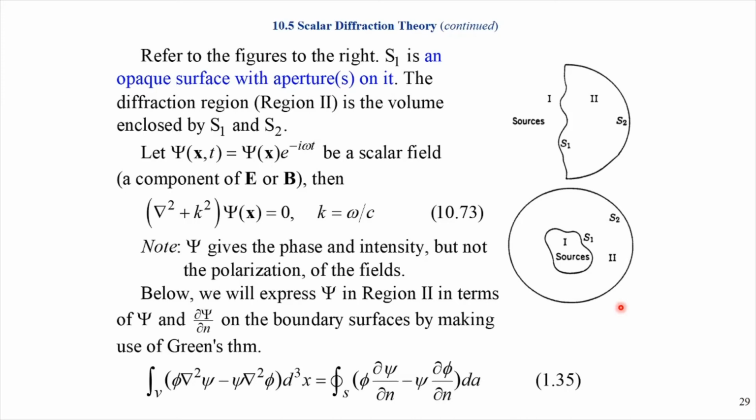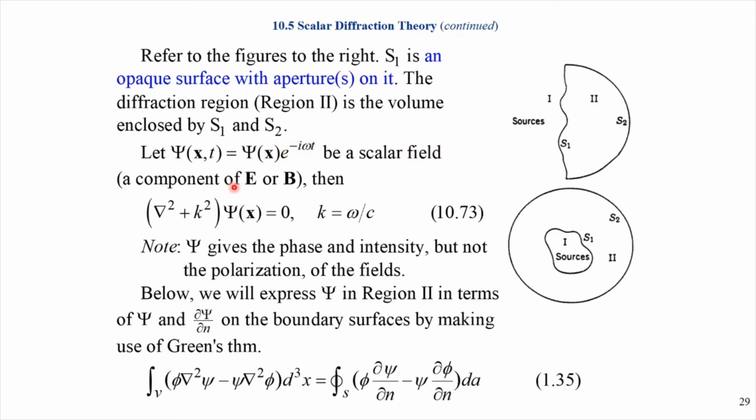So we can write phi of x and t, separating variables, as phi of x times exponential of minus i omega t, where phi is the scalar field, which can be a component of the E field or B field.